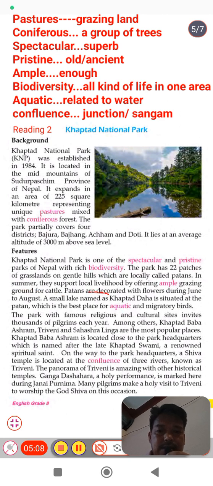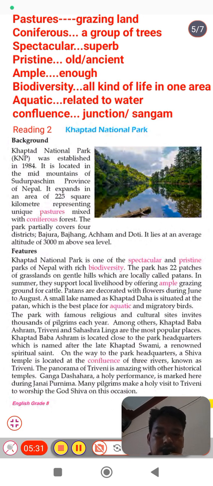And patans are decorated with flowers during June to August. So these patans are mostly covered with flowers during the months of June and August. In between these 2 months, they are fully decorated with different kinds of flowers.